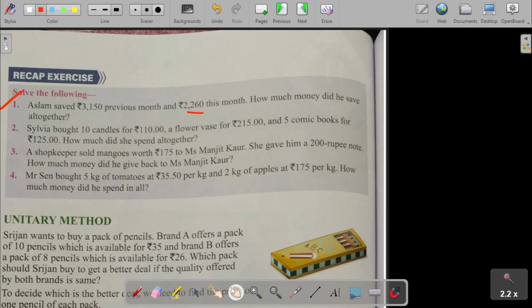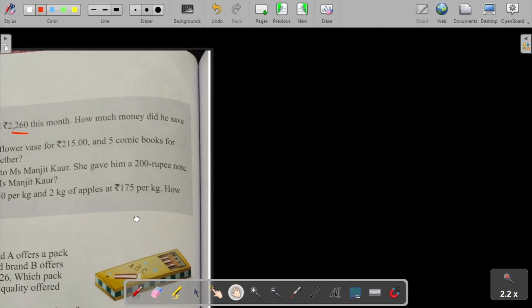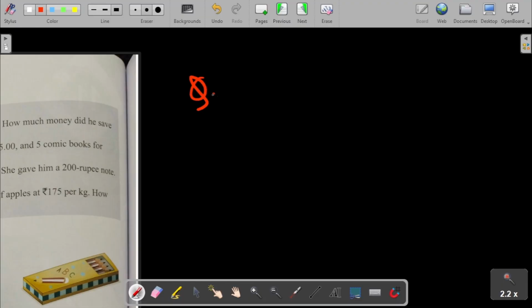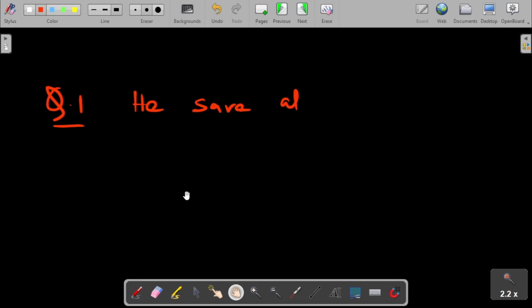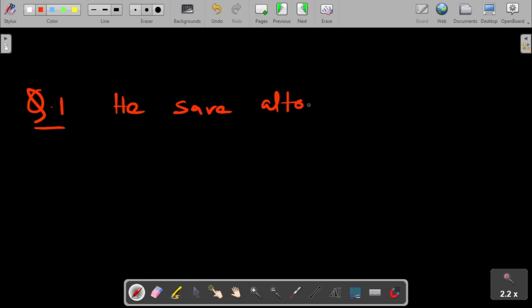So here the solution of question number one is: he saved altogether. The altogether amount is previous month plus this month.